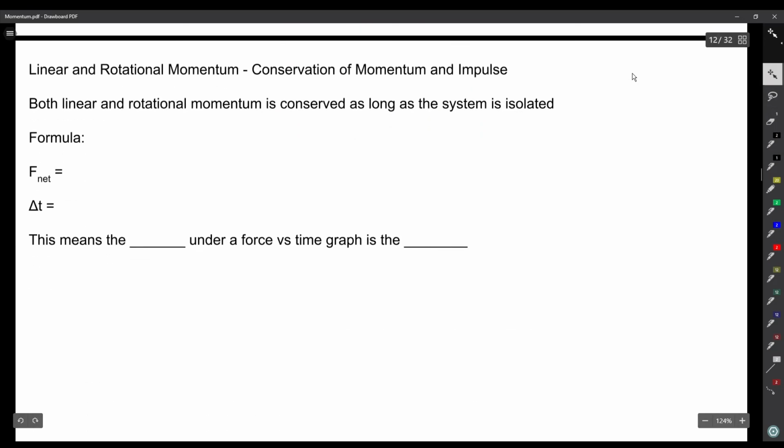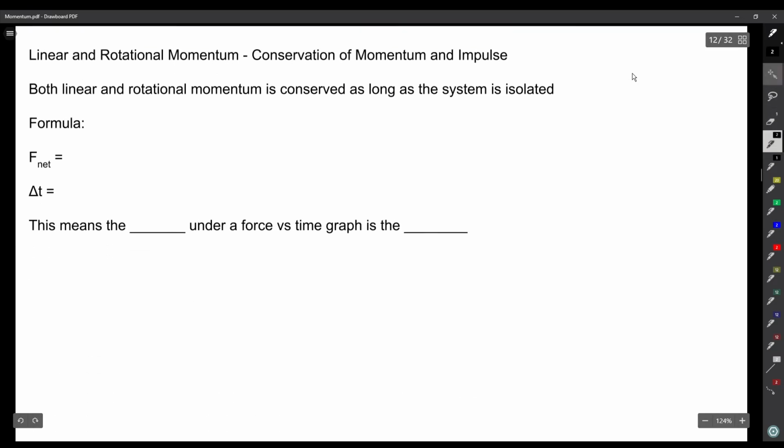Now, oftentimes, when you say impulse, the question actually means force and time. That's the variables they give you. And so that gives us another formula here, which is F net times the change in time equals impulse. And there's no variable for impulse, although we did say you can use change in momentum. Now, F net, of course, is the net force, right?